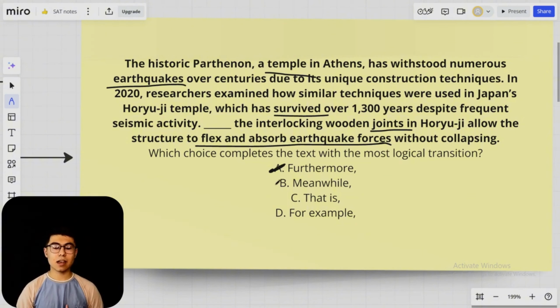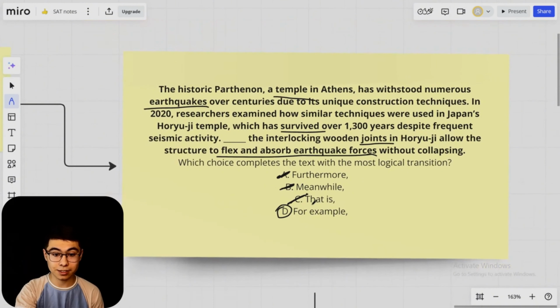That is clarifies or restates something. But the second sentence is not a restatement. It's an example. So we can eliminate this choice as well. For example, introduces a specific illustration of a very general idea, which is exactly what the second sentence here does.